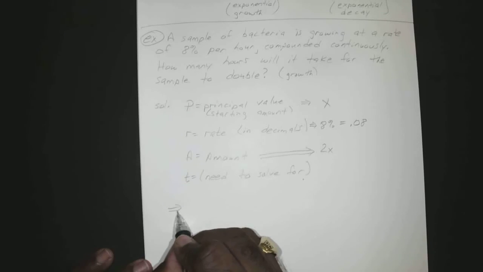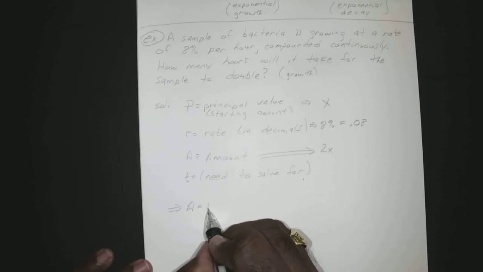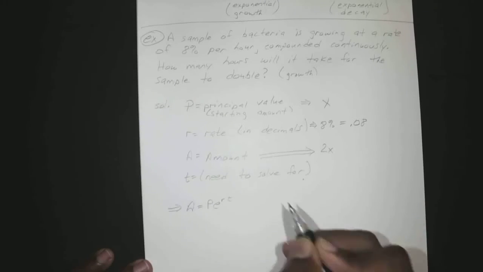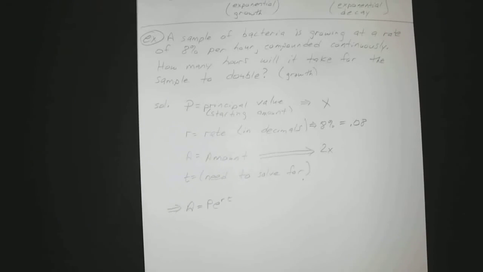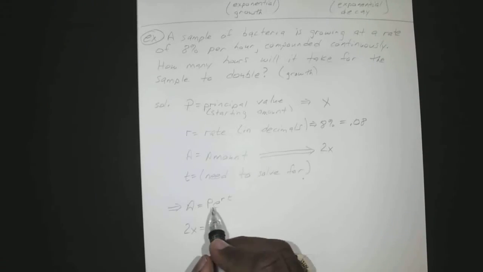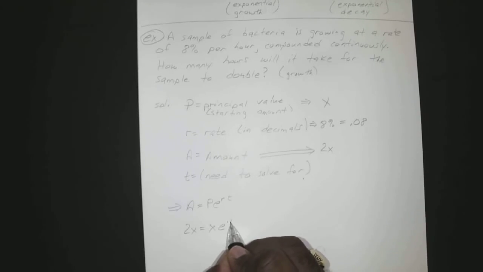Okay, so that means A is equal to our principal times e to the power of RT, which becomes 2x equals our starting value, which is x, e to our rate, 0.08, times t.